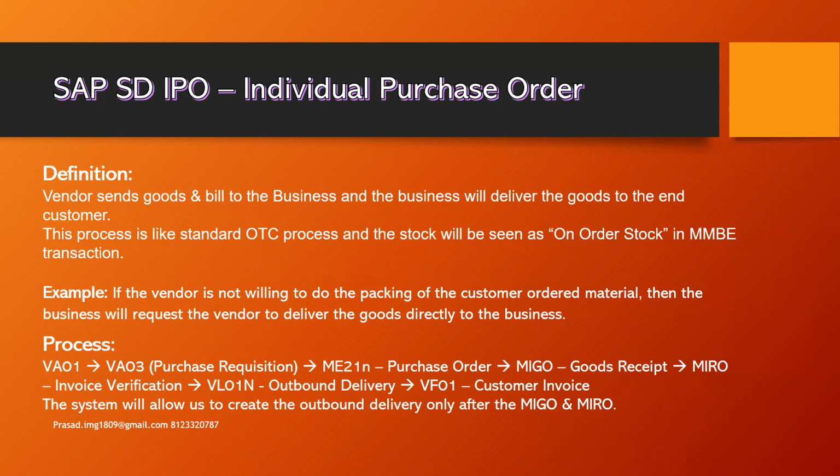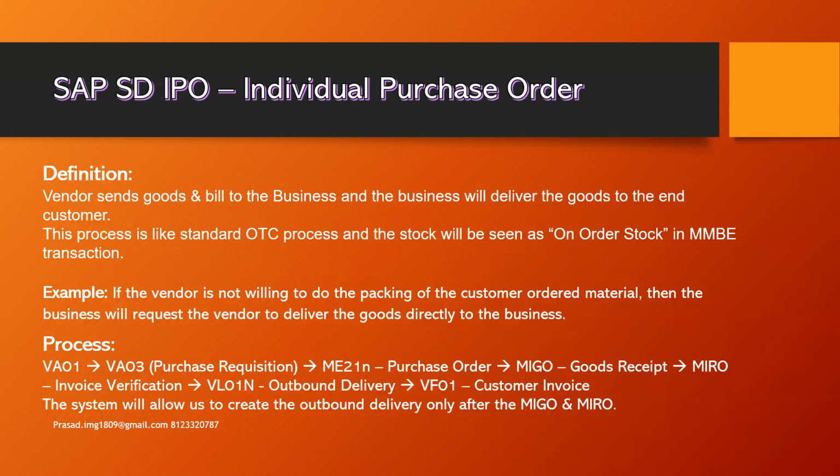Hence, they will reject and inform the business that they cannot pack this material as per the customer's request, so they are not going to deliver. Since the business does not want to lose these customers, they will ask the vendor to deliver the goods at the business place, and then the business will pack the entire materials and send them to the end customer from the OTC perspective.